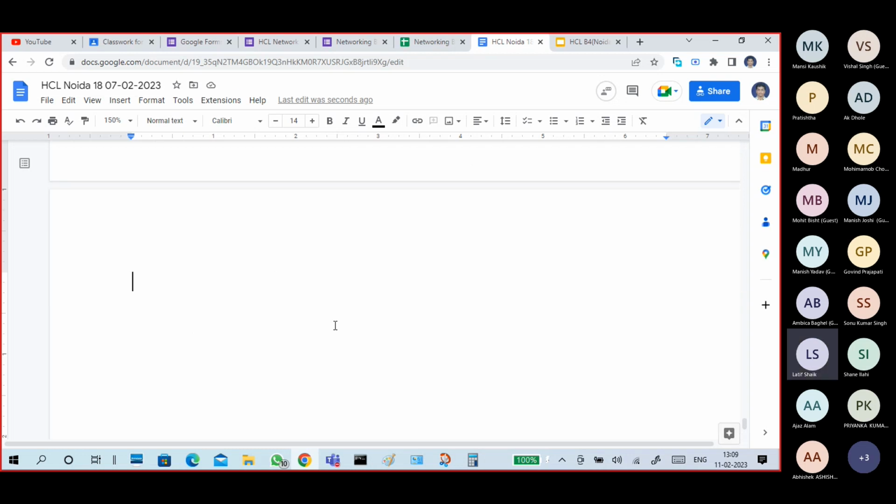Okay, this is the total range of IP addresses. The total range of IP addresses is divided into classes.